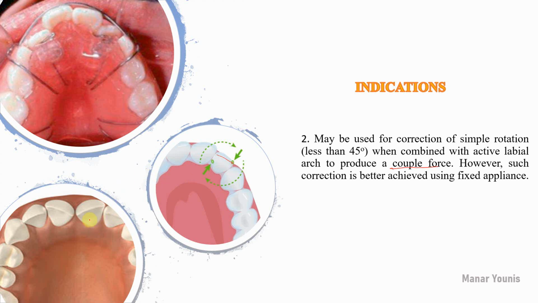In case of using the Z-spring for correction of rotation, it's important to position the head of the Z-spring in the correct place. In case of a mesiolingually rotated maxillary left central incisor, the head of the Z-spring should start from the mesial aspect because this is the side which needs correction, and the same is here.